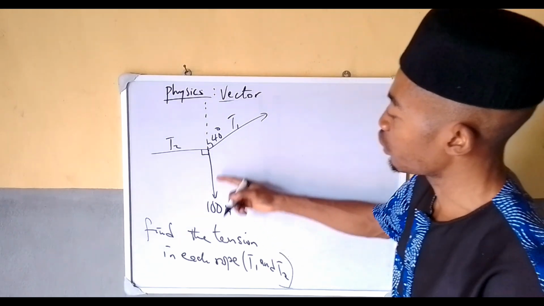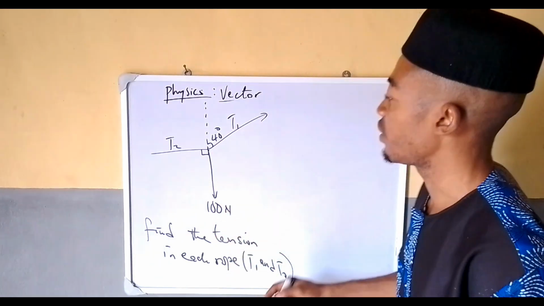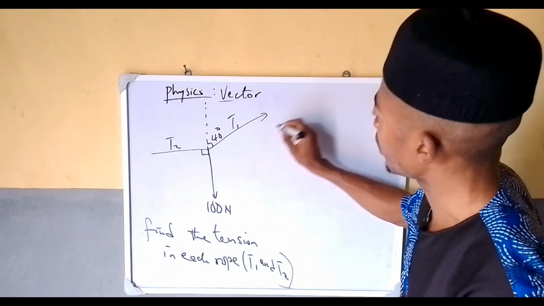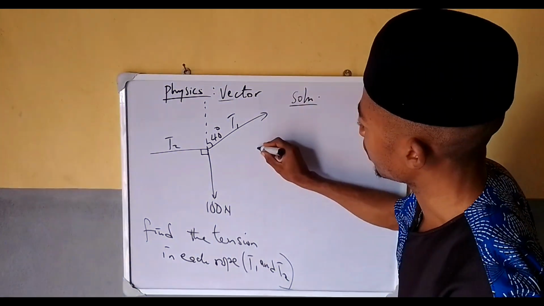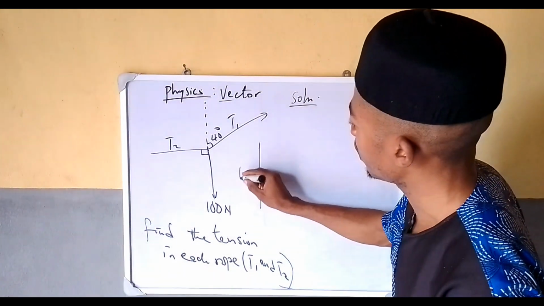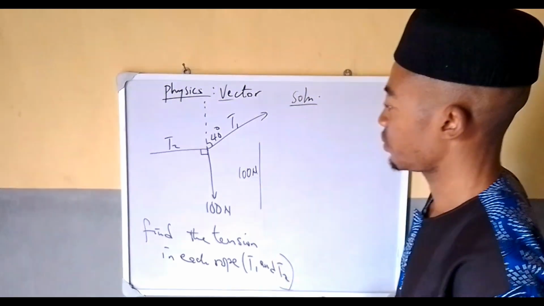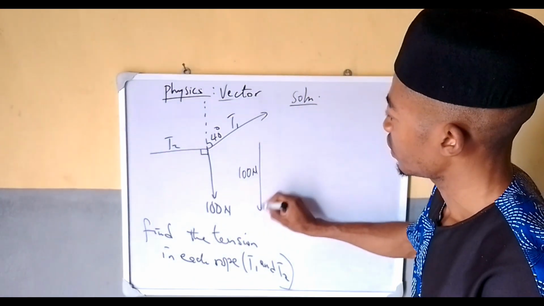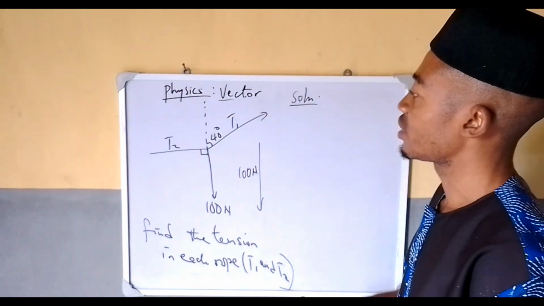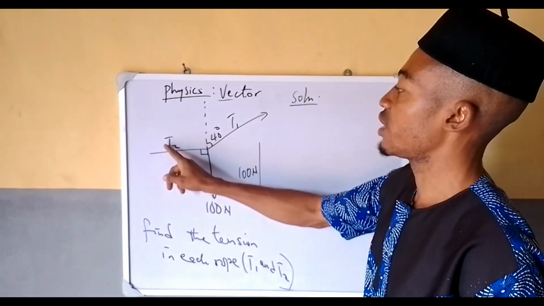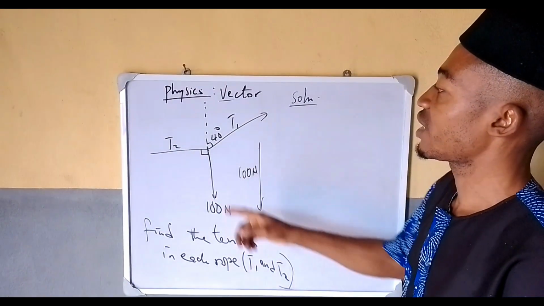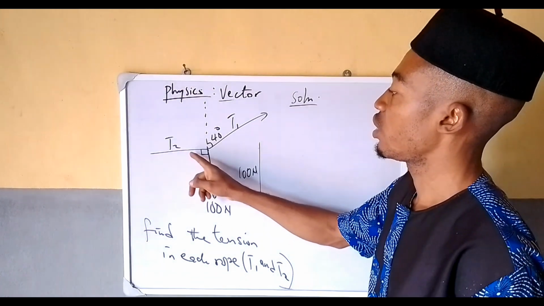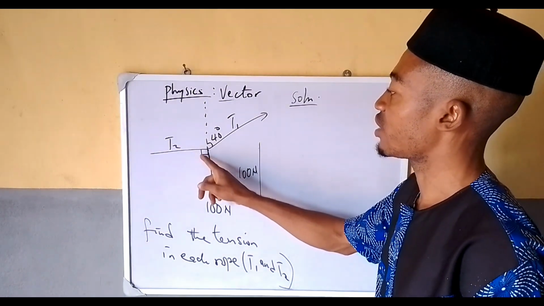We will first of all represent the vertical vector. The vertical vector we're given is 100 Newton. Then we are told that there is a tension T2 which is inclined at angle 90.